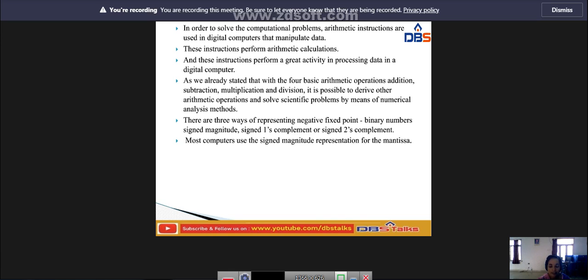Okay, so we already stated that with the 4 basic arithmetic operations, that is addition, subtraction, multiplication and division, it is possible to derive other arithmetic operations and solve scientific problems by means of numerical analysis methods. So not only do we have these small additions, subtractions, multiplications, divisions, these are the simplest operations performed by the arithmetic operations.